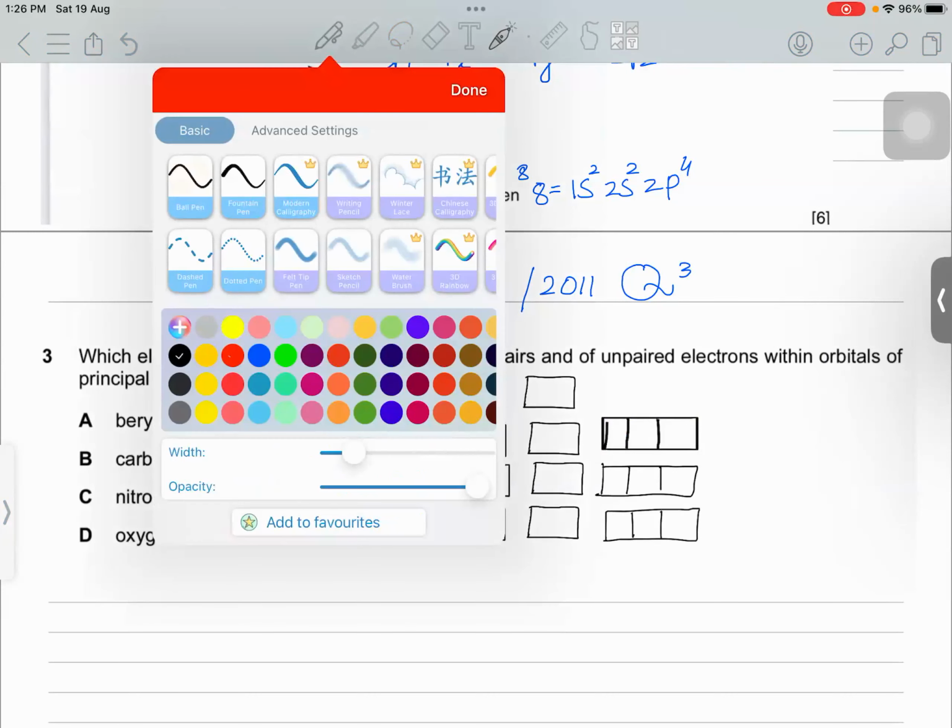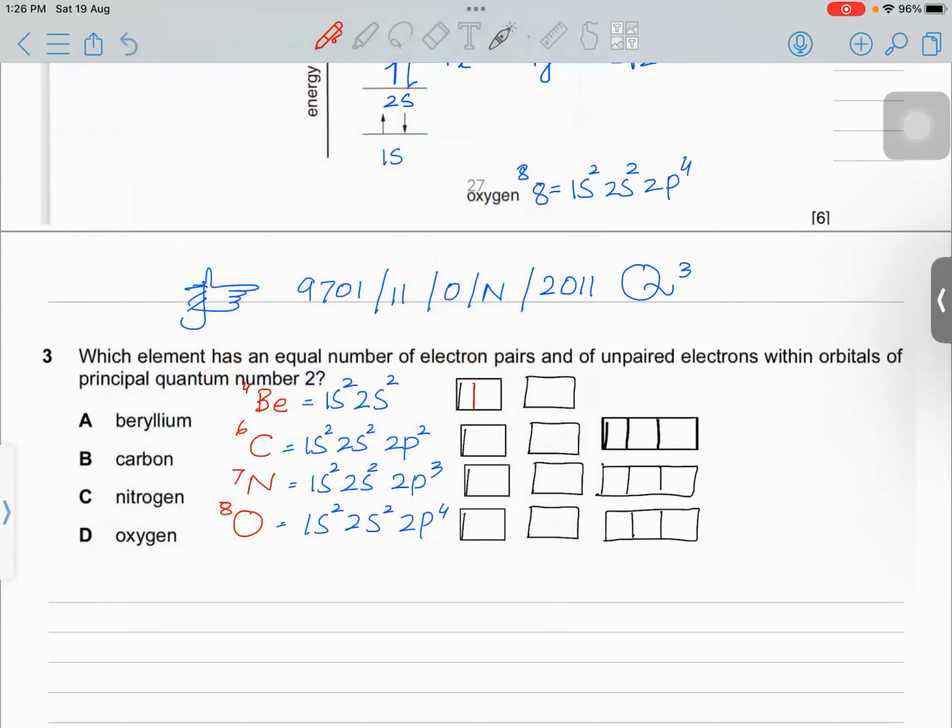Now beryllium, 1s2, 2s2. Can you tell me how many electrons are paired? Four, two pairs. And how many unpaired? None, so zero.